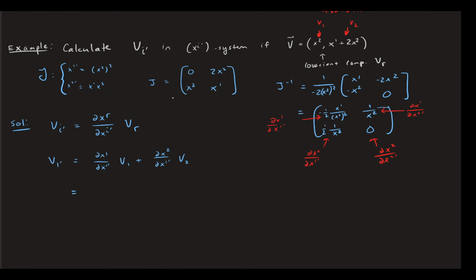So this is going to be, let's see, partial x1 partial x1 prime is negative 1/2 x1 over x2 squared times v1. Well, v1 is x2, plus partial x2, partial x1 prime is 1/2 1 over x2 times v2, which is x1 plus 2x2.